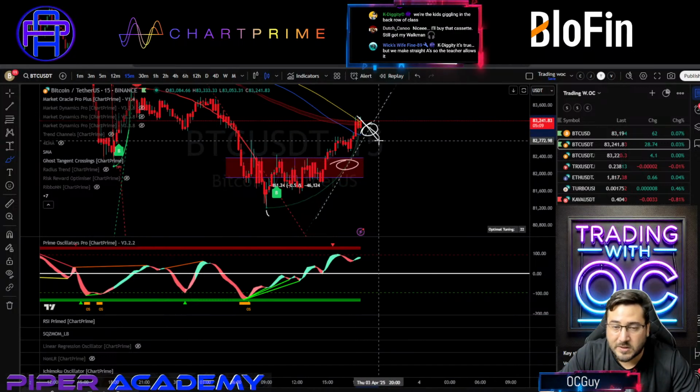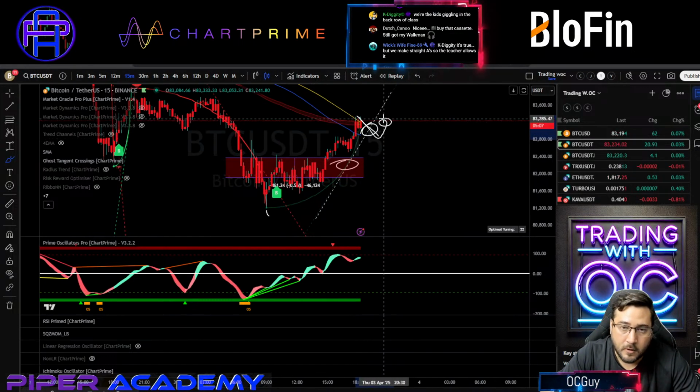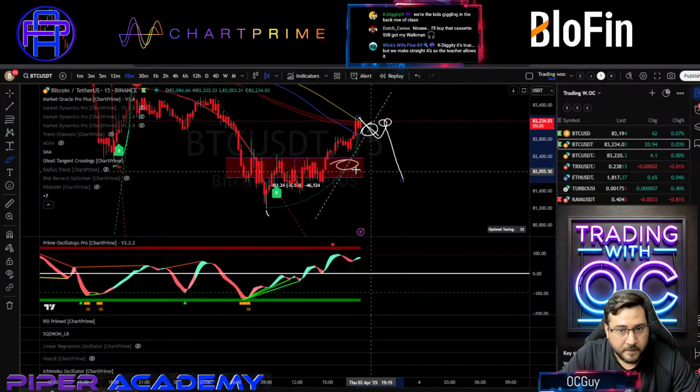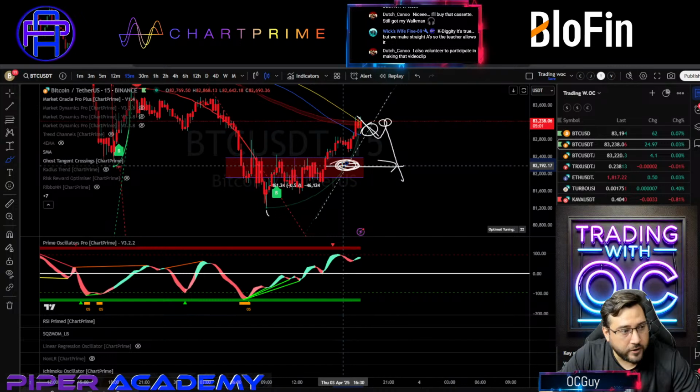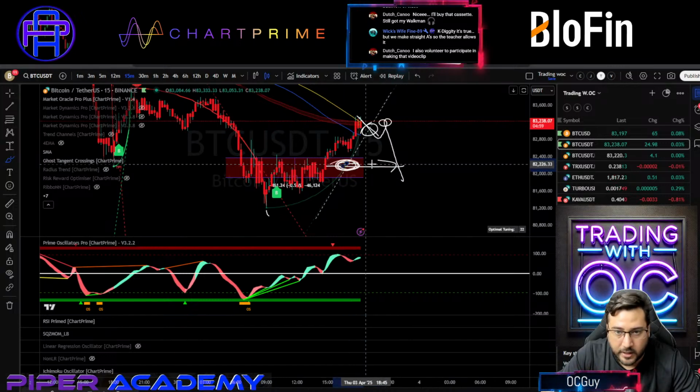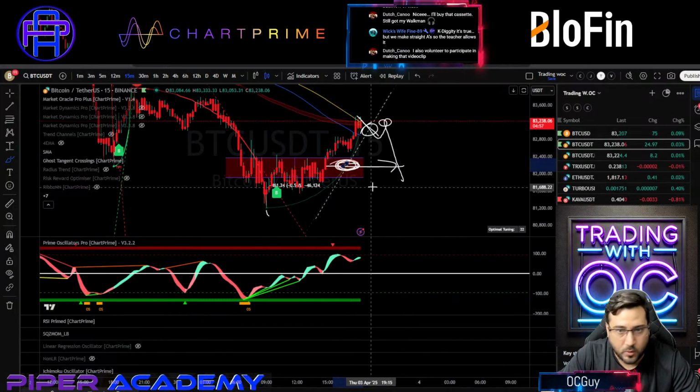So if we start losing this, we're looking for a breakout retest. And off we go to where? To where the liquidity resides, where the liquidity is waiting.